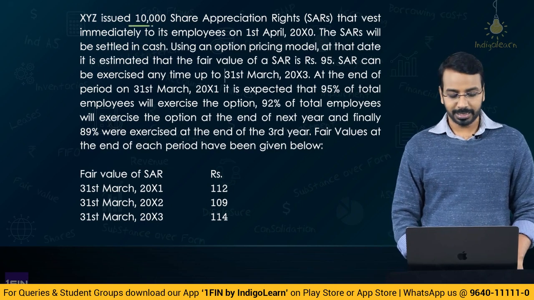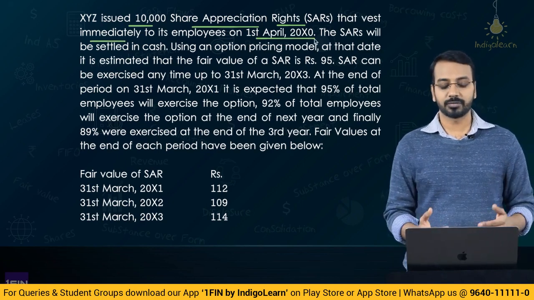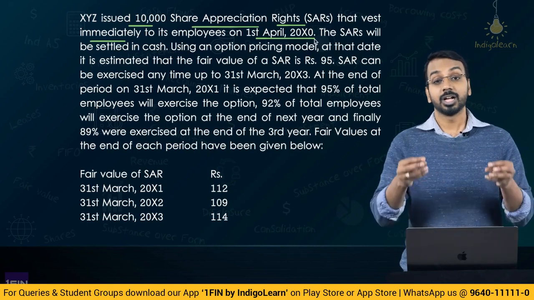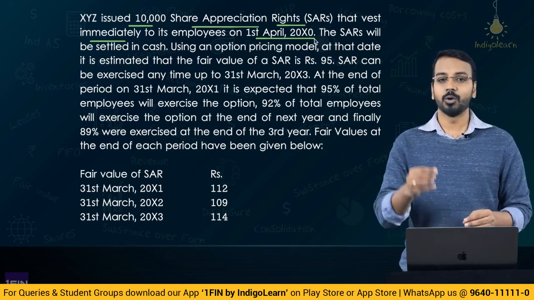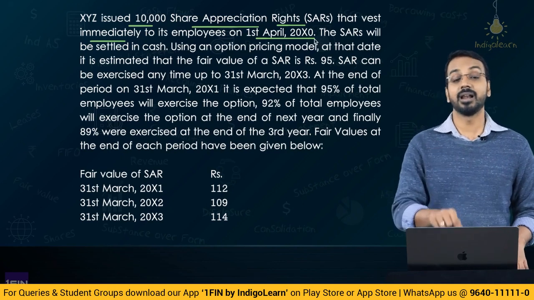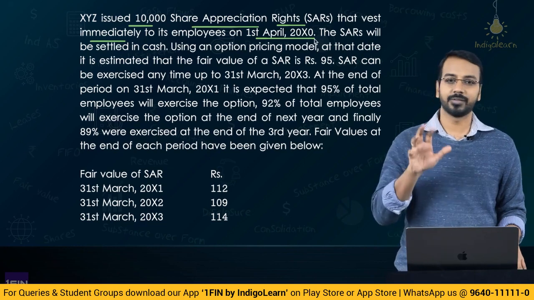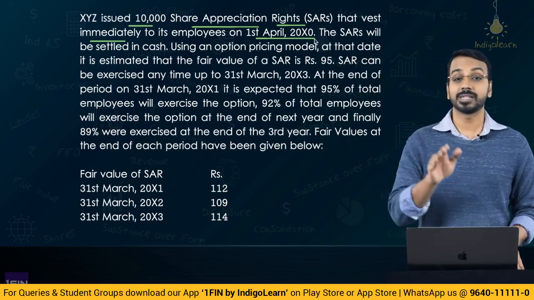XYZ issued 10,000 share appreciation rights that vest immediately to its employees on 1st of April of year 0. So, on 1st of April of year 0, when the entity has granted the share appreciation rights, that day itself the share appreciation rights have vested. Now, what is the meaning of share appreciation rights have vested? It means that there are no vesting conditions.